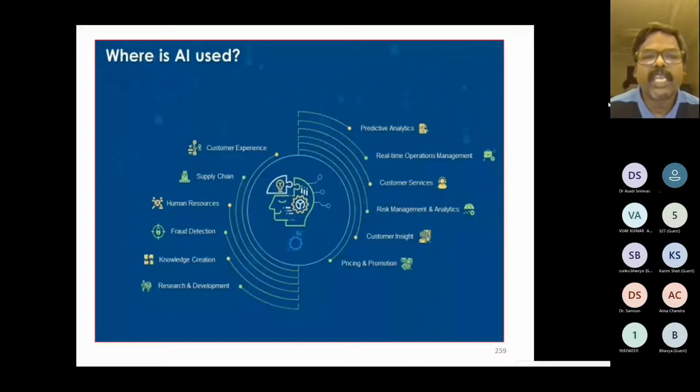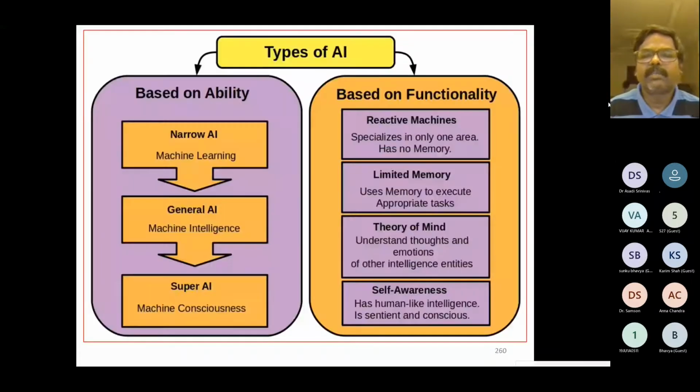Then types of AI based on ability and based on functionality. We can classify into narrow AI, general AI, super AI. In narrow AI, we are using machine learning. In general AI, we are using machine intelligence, and in super AI, we are using machine consciousness.